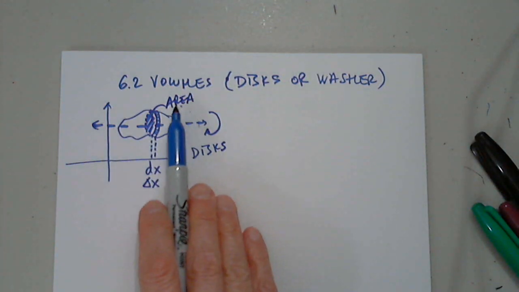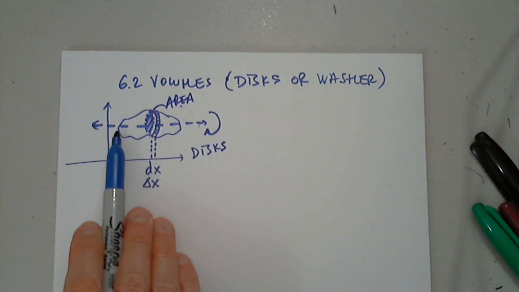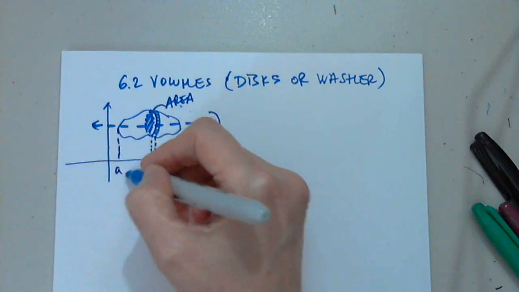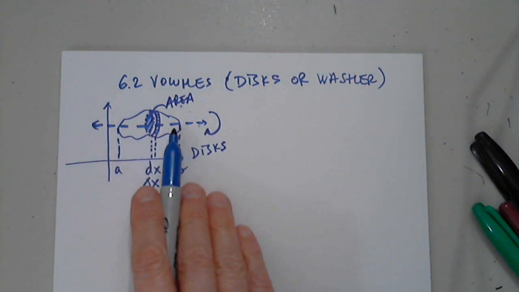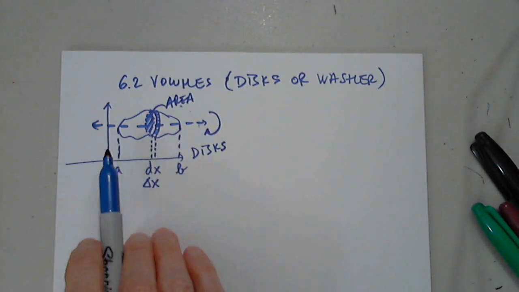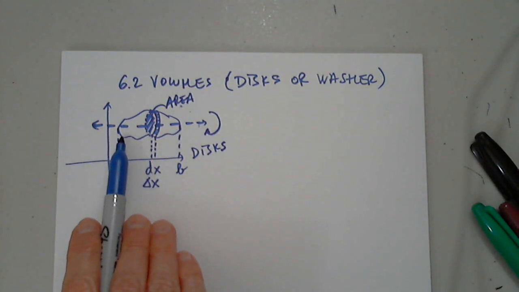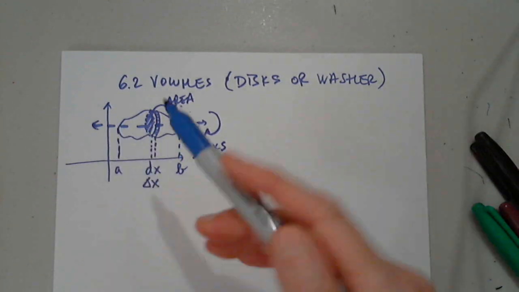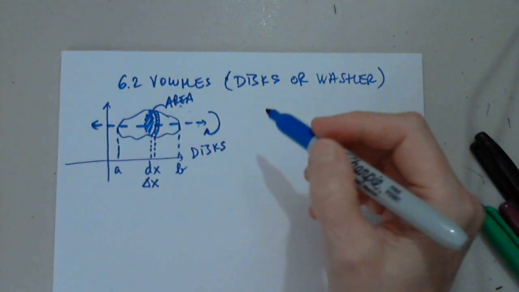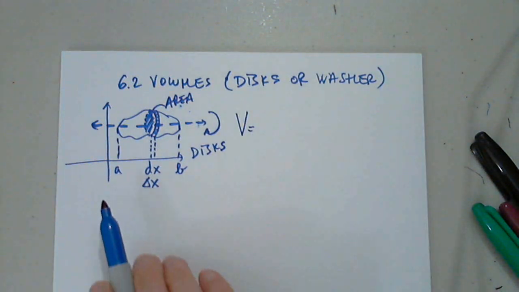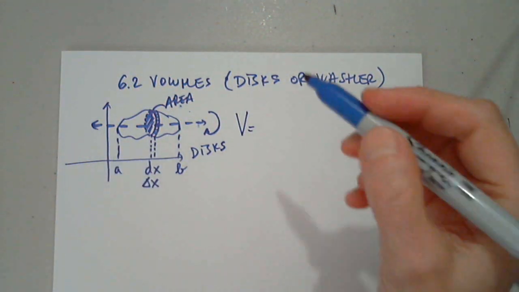Notice that the area of the disk changes from the leftmost point till the rightmost point. It's not exactly the same. So in this particular case, rotating this area around the horizontal axis, we will determine the volume of a solid.